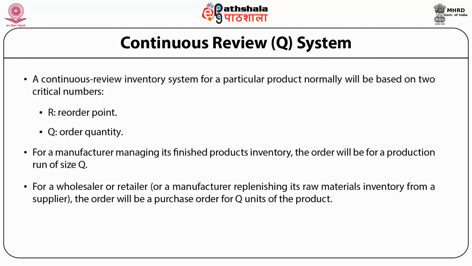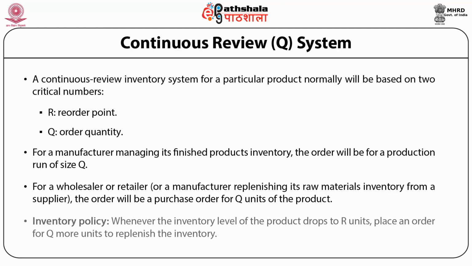An inventory policy based on these two critical numbers is a simple one. Inventory policy: whenever the inventory level of the product drops to R units, place an order for Q more units to replenish the inventory.